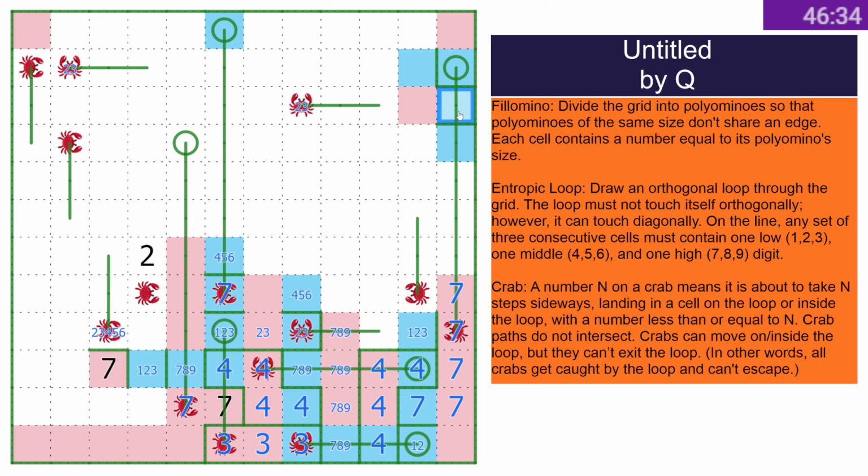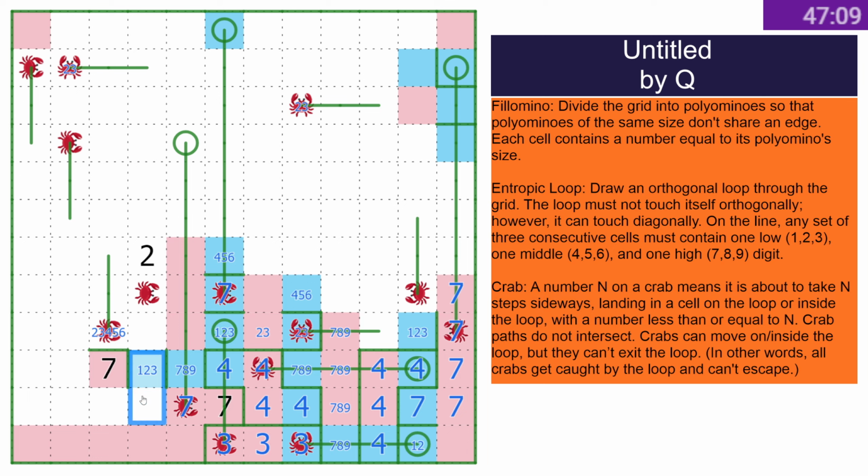Let's say, why can't that move 4? Because it hits another crab. Can you really drop down? I would have to drop down exactly 2 and be a 1 or a 2 there. So, and then the loop would have to come down.